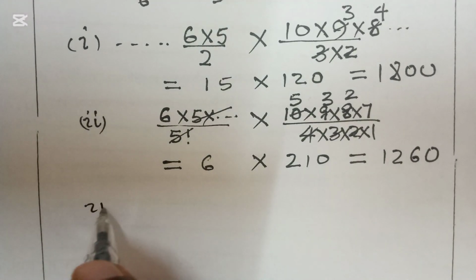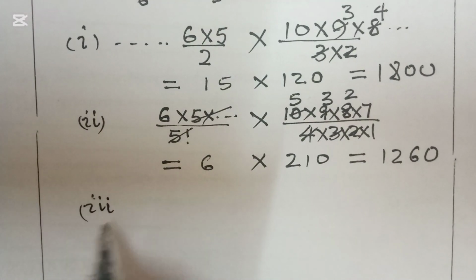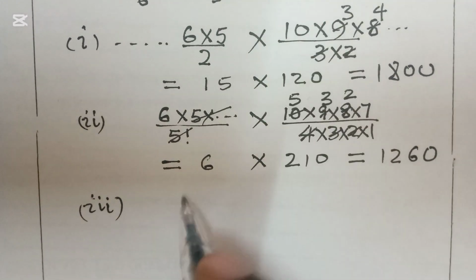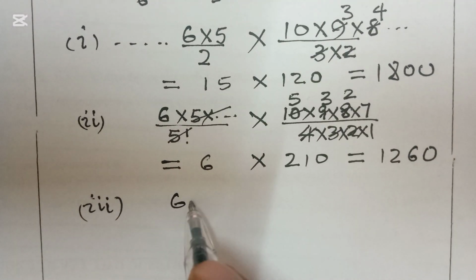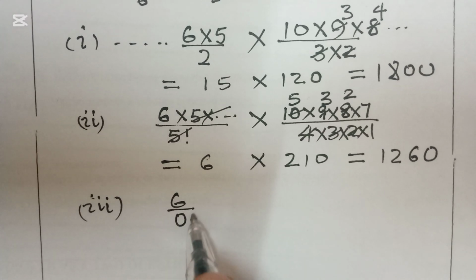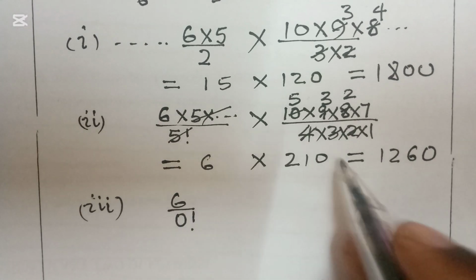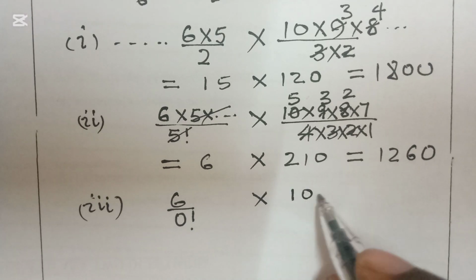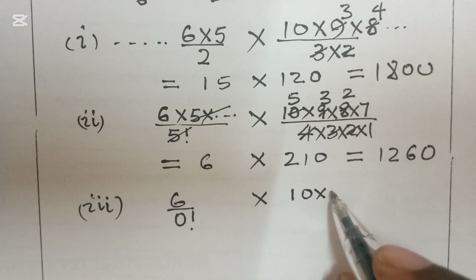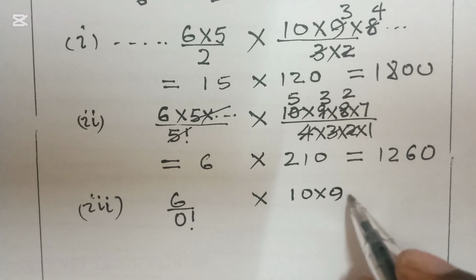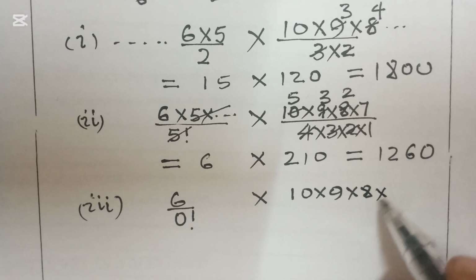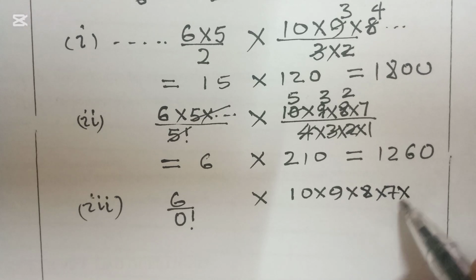That is Roman 3. We are going to have 6 all over 0 factorial. Then multiply by 10 times 9 times 8 times 7 times 6.